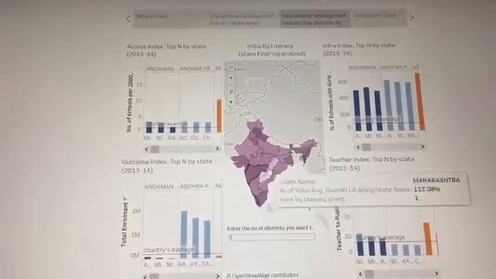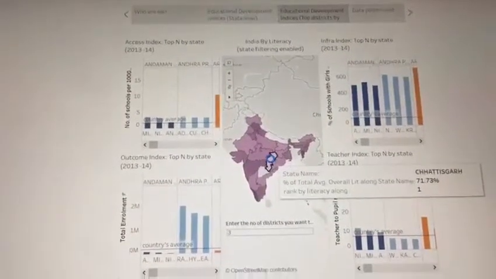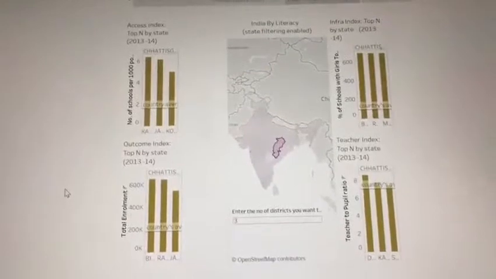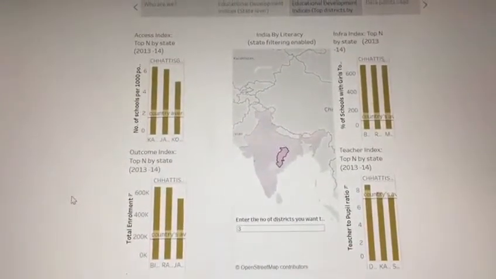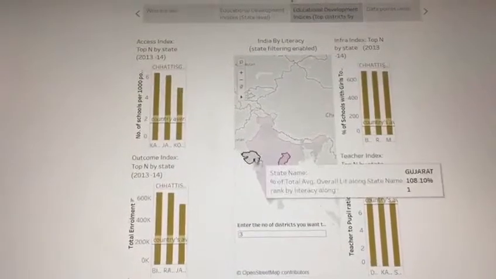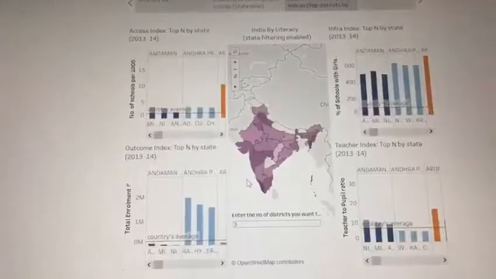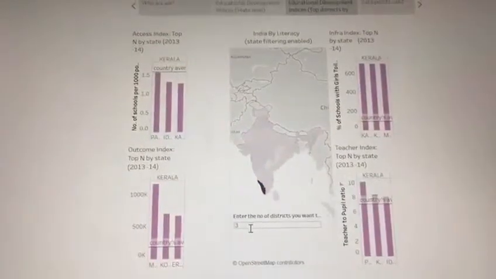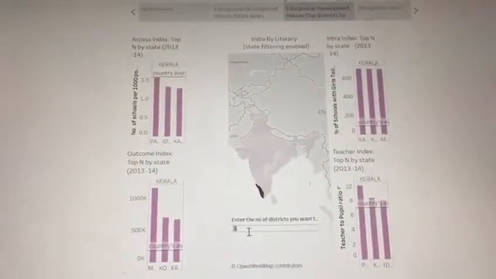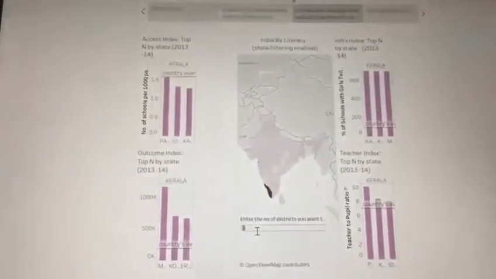Let me see Chhattisgarh. This is interesting. Okay, under Kerala, I can also filter by the districts. Okay, I don't want to see 3, but I would want to see the top 5.